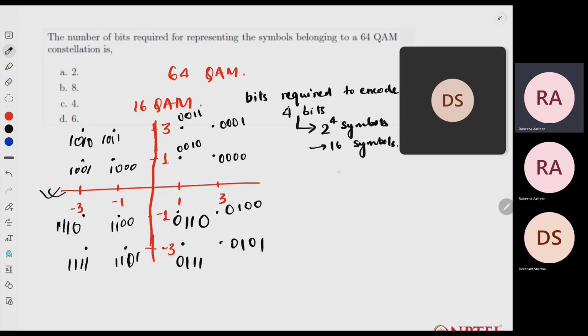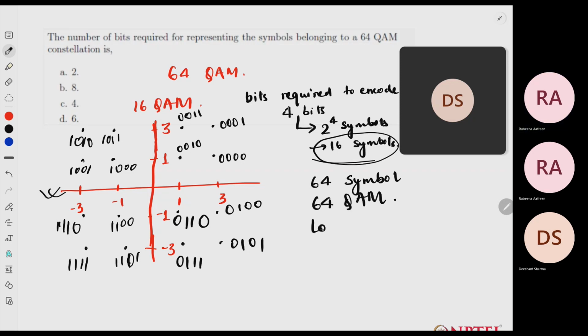The basic point is that we have to use 4 bits for the coding of 16 symbols. So if we have 64 symbols, for a 64 QAM, how many bits we would use is log to the base 2 of 64. That is 6. So the answer is 6.